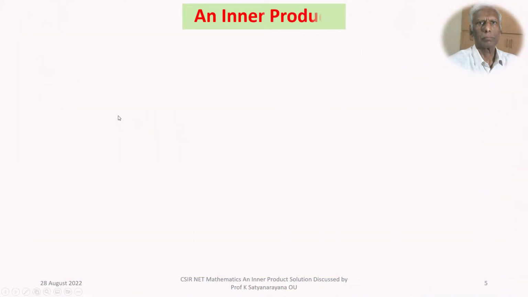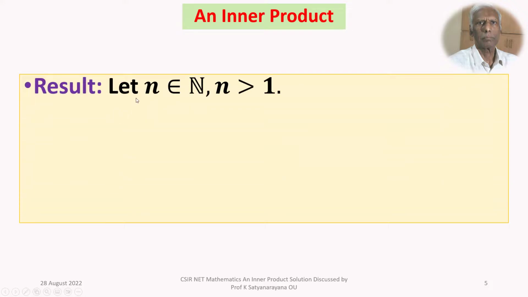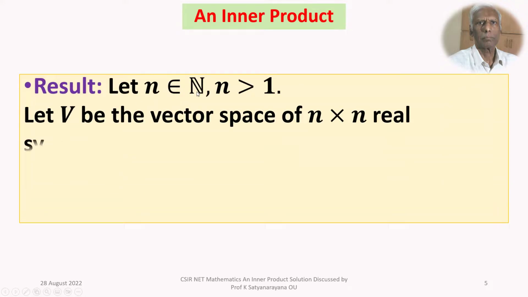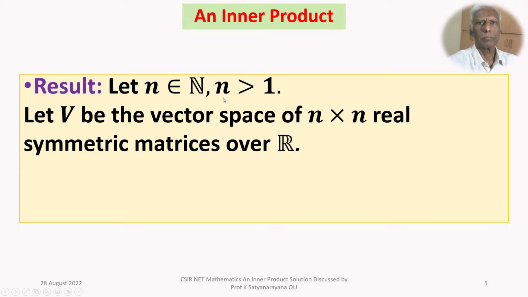The result is, let n belong to the set of natural numbers, n greater than 1. Let V be the vector space of n by n real symmetric matrices over the field of real numbers.